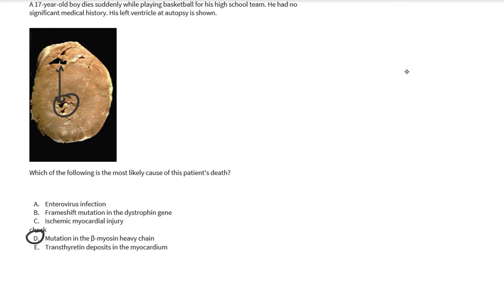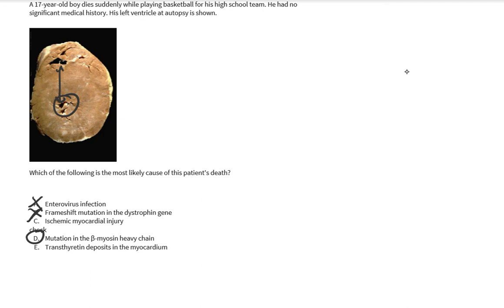A, an enterovirus infection, for instance, Coxsackie virus B. This can cause heart failure, but it would be a type of systolic heart failure, with sarcomeres being added in series instead of parallel. So that's not correct. A frameshift mutation in the dystrophin gene, as seen in muscular dystrophies, this presentation isn't really correct.